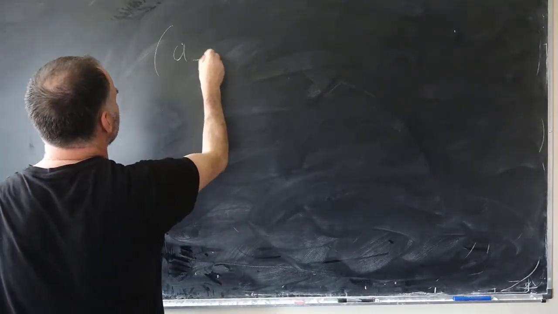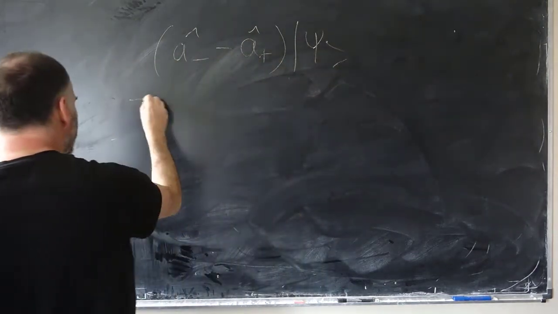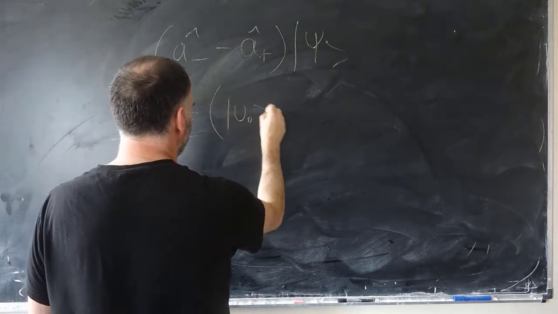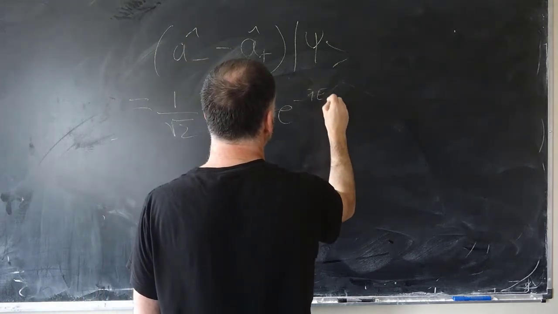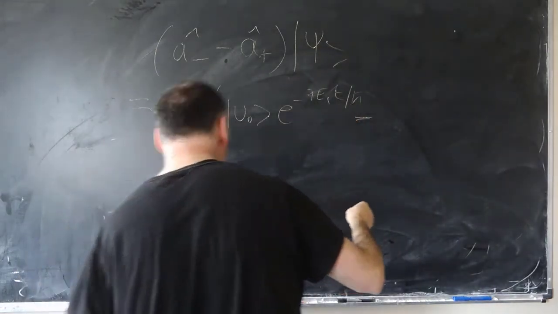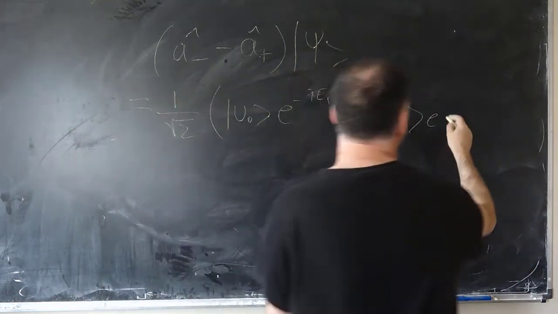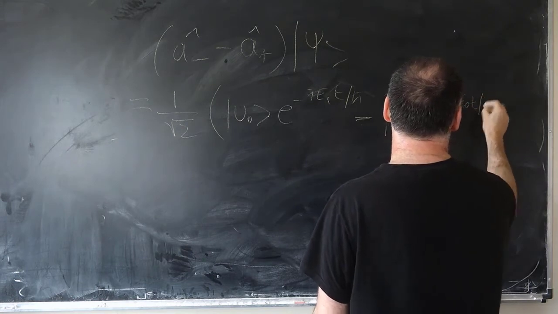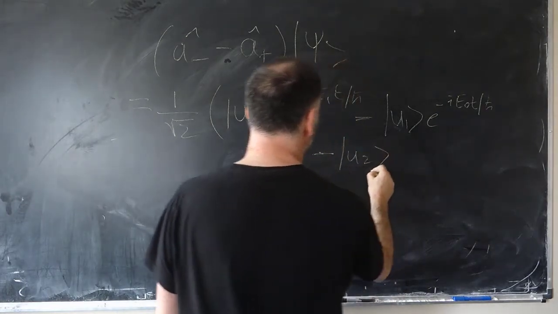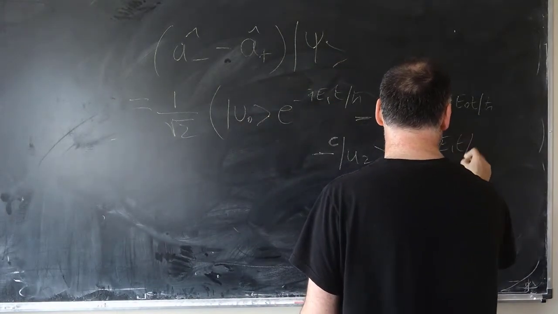So when we apply lowering operator and subtract to our state vector, what we get is 1 over root 2, and we've lowered, so this is minus i e1 t over h bar, minus, what did we have, u1 e to the minus i, because we've raised, minus i e0 t over h bar, and then also minus u2, let's put our constant in, e to the minus i e1 t over h bar.